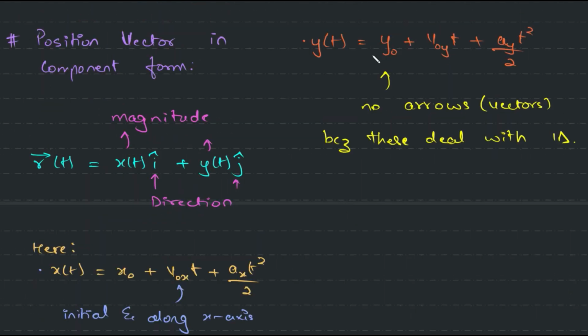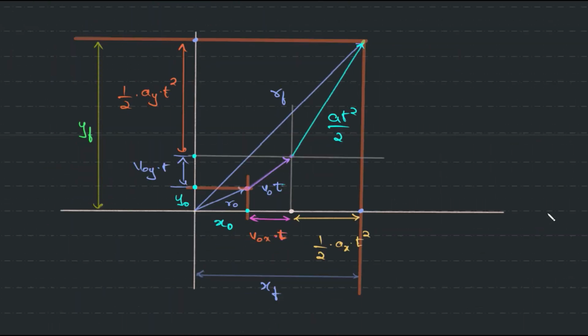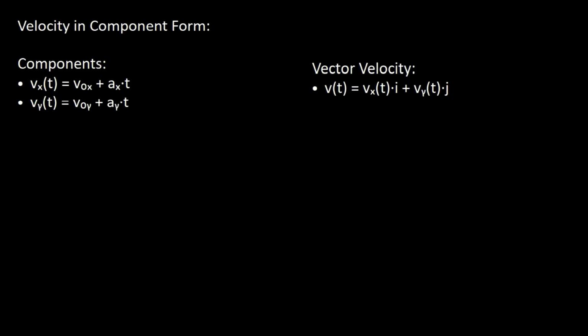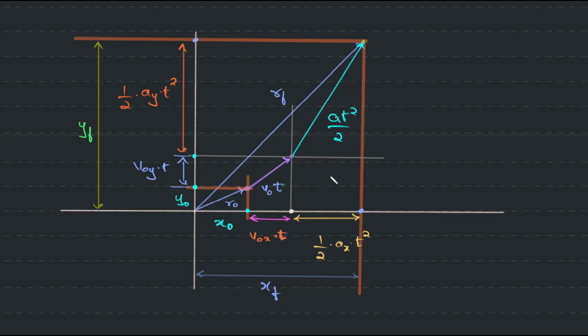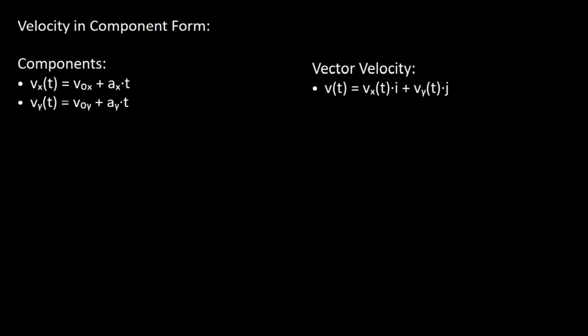But if you go part by part, it's very simple. So this also can be represented with vector form, vector diagram and all of that. So that was your position vector. Your velocity vector looks something like this. And that's it, right?